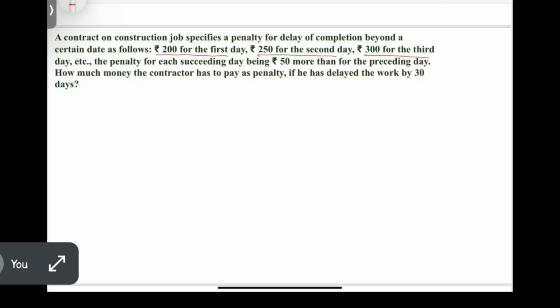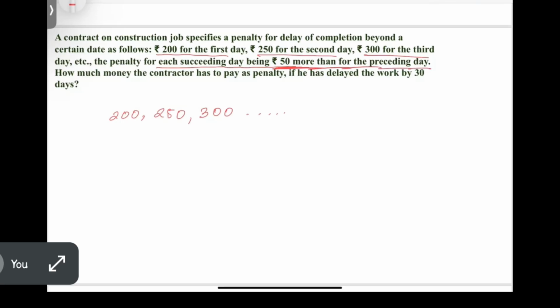That means if there's a delay, the first day it will be 200, the second day 250, the next day another 50 increase, 300, and so on. Each succeeding day is 50 more than the preceding day.